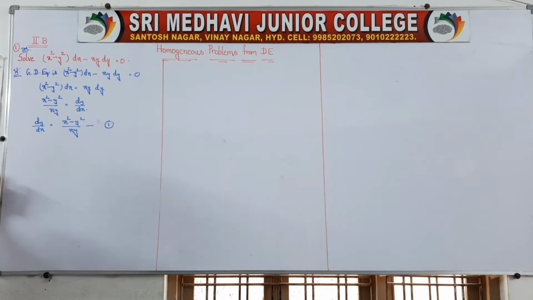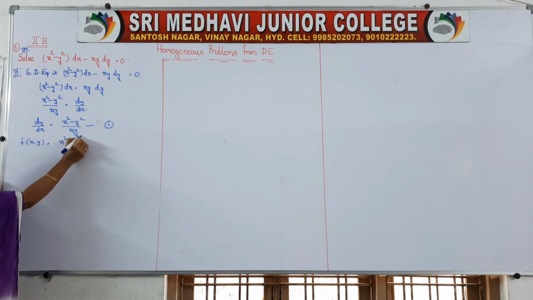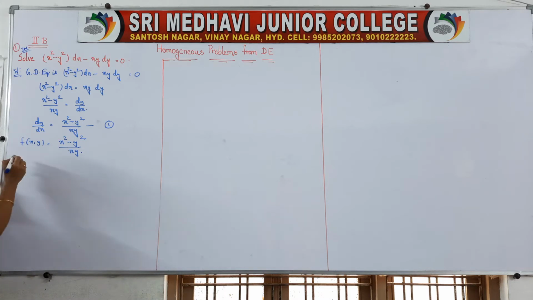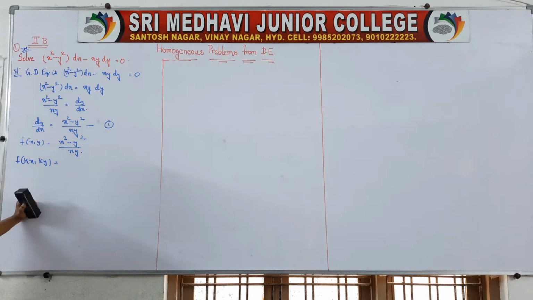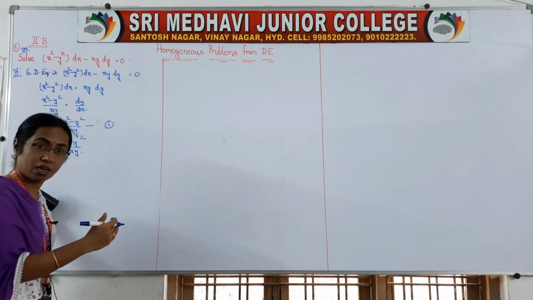Okay, so now your function f of x comma y is given as x square minus y square by xy. So we have to take f of kx comma ky. What I am doing is checking whether the given equation is homogeneous or not.